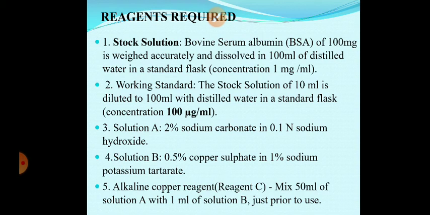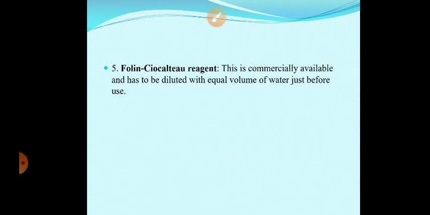Now to prepare the alkaline copper reagent, reagent C, mix 50 ml of solution A with 1 ml of solution B just prior to use. That is called the alkaline copper sulfate reagent, or reagent C. One more thing we require is Folin-Ciocalteu reagent.